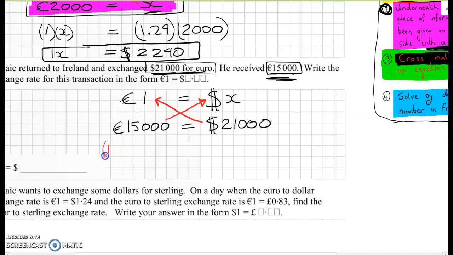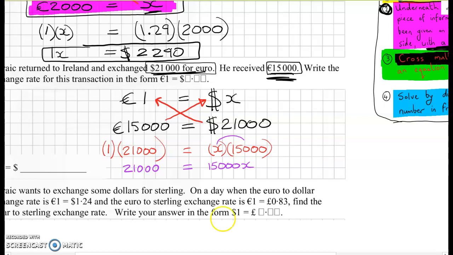So we will have 1 by 21,000 is equal to X by 15,000, which means 21,000, because 1 multiplied by 21,000 is 21,000, is equal to an X multiplied by 15,000, which is 15,000X.